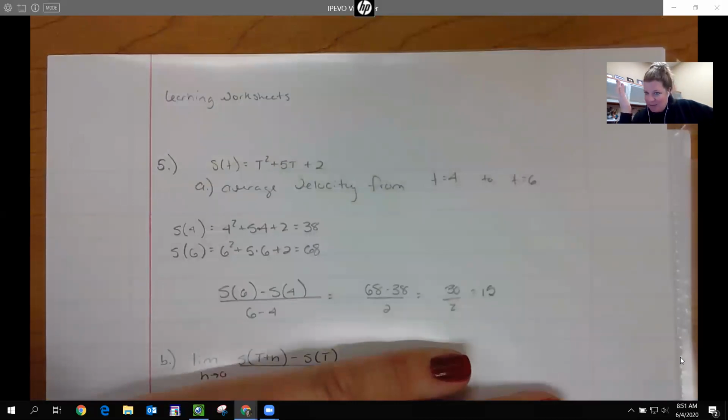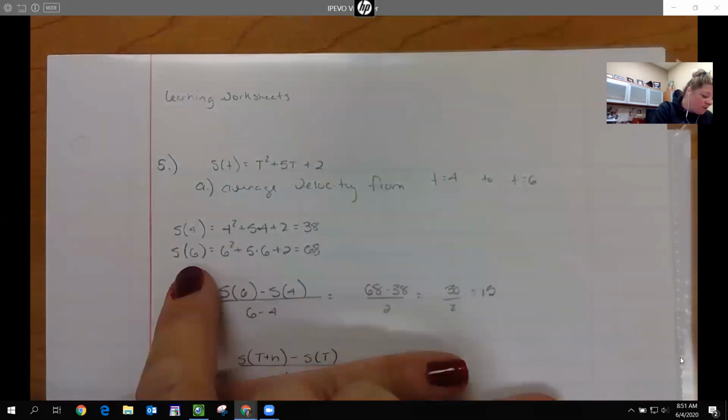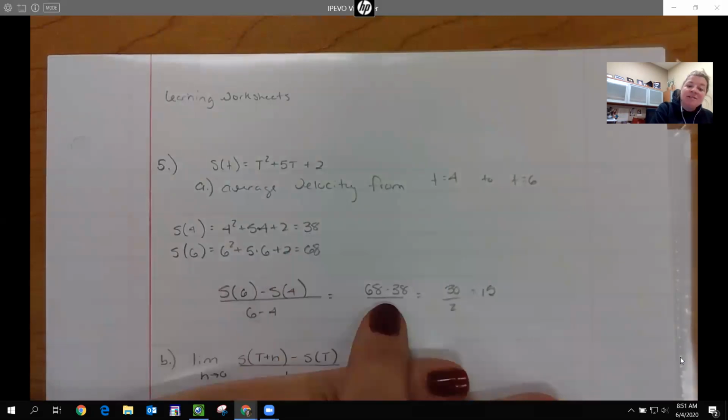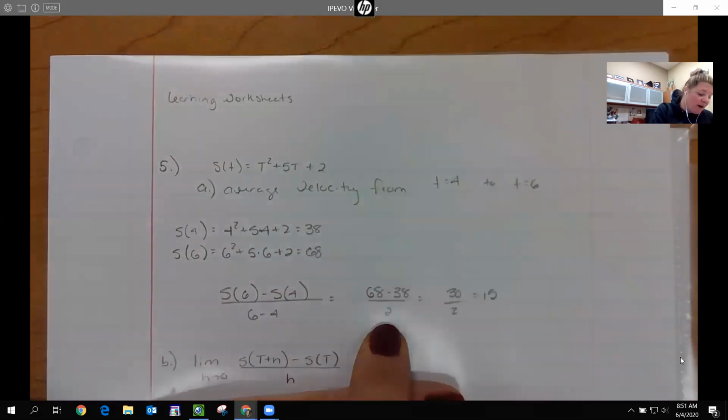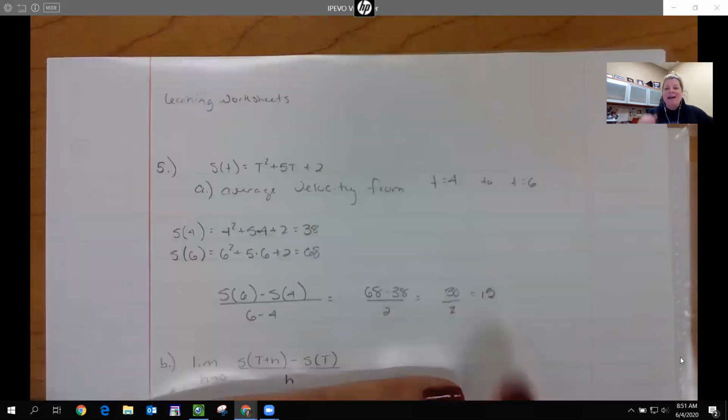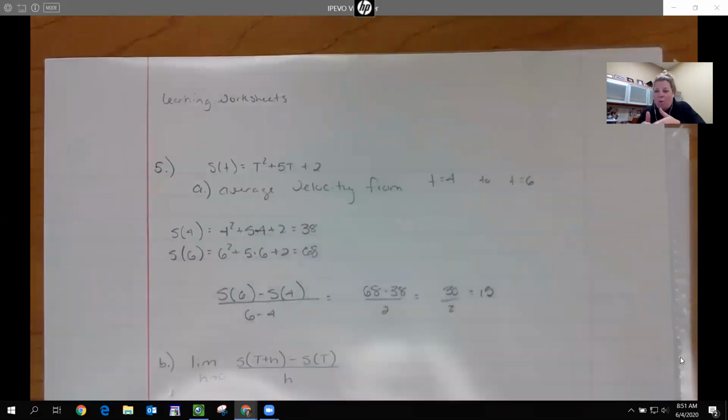So we put in our values that were given into our original. Those would be our top, change in y, and then we subtract our 6 minus 4, and that is going to give me my average velocity from 4 to 6. So it could be the average rate of change, the average velocity, could be any of these things that we're talking about. So done the same way.